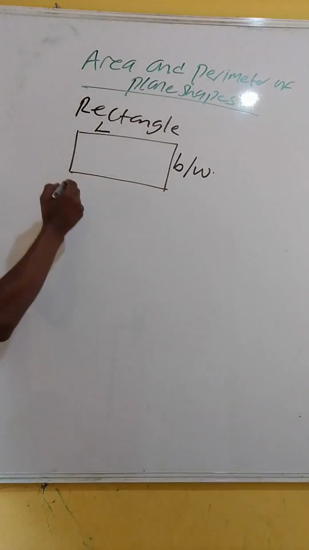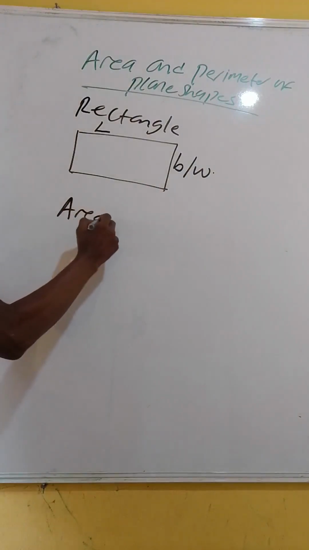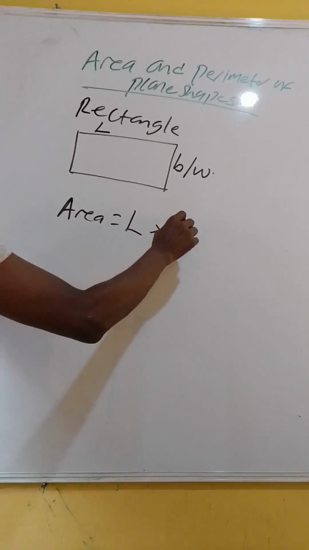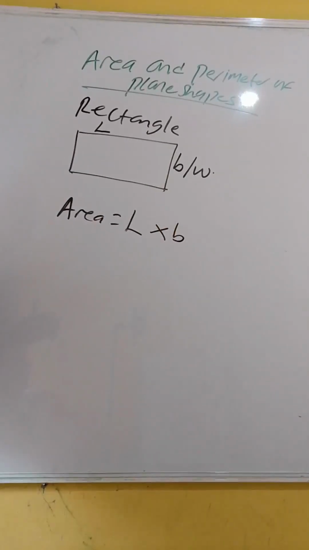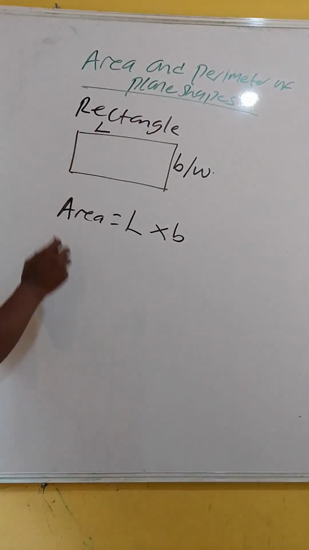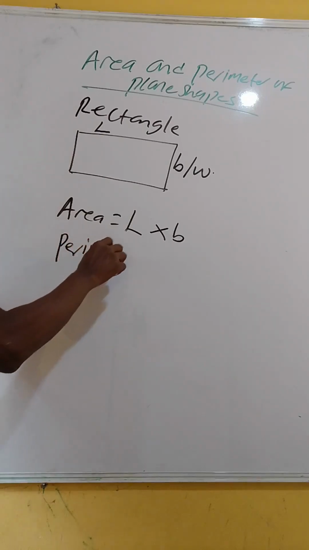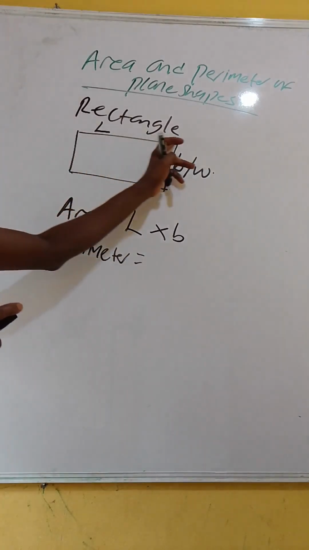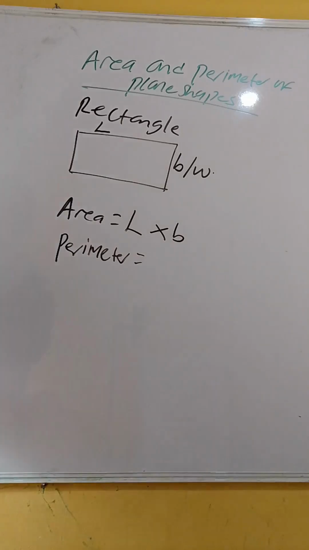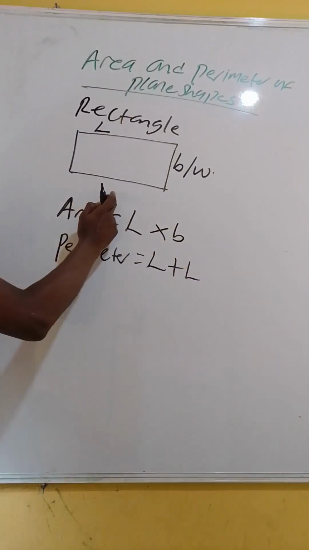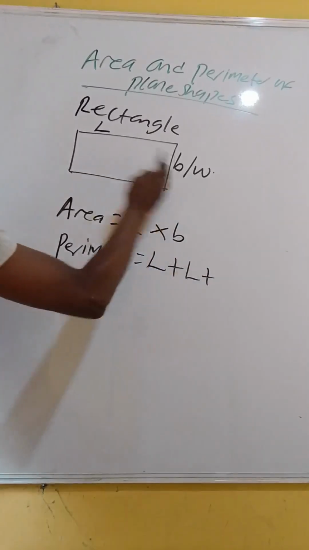If you want to find the area of the rectangle, it is always length multiplied by the breadth or by the width. Then, if you want to find the perimeter, perimeter simply means add all the sides. So I'm going to add the two lengths, and the two breadths.